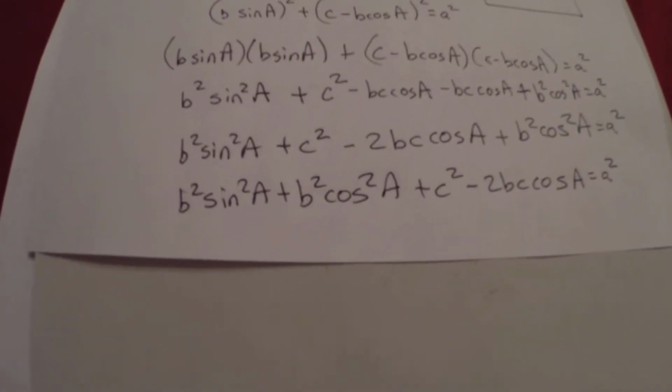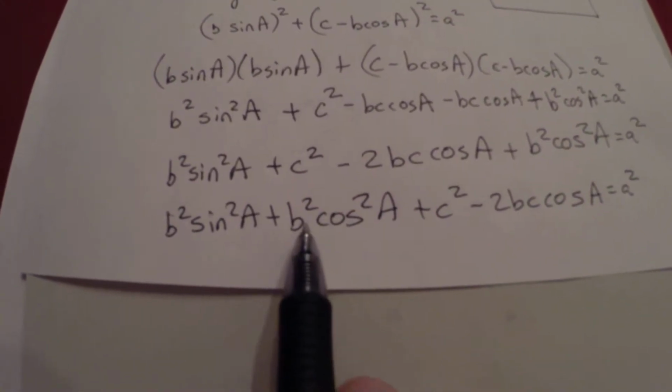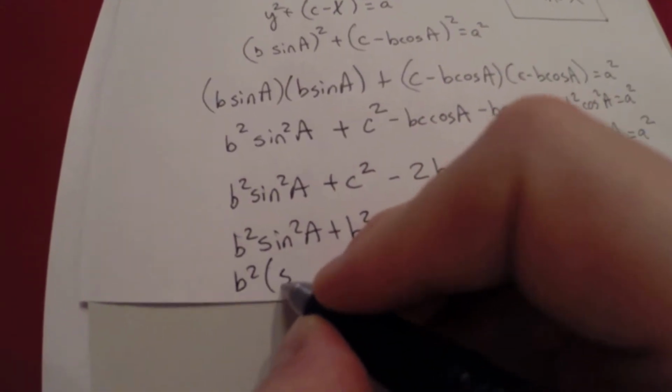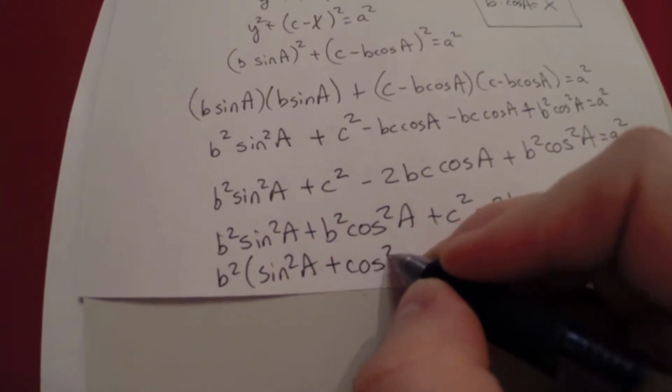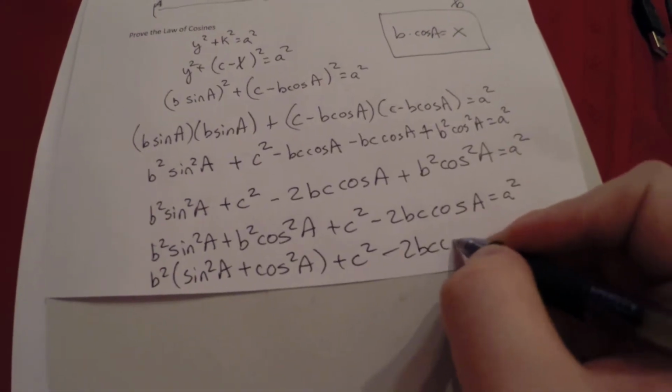Okay, so the next thing is that if I have b squared sine squared plus b squared cosine squared, since I have a b squared here and here, I'm going to factor the b squared out and just rewrite the rest of it.